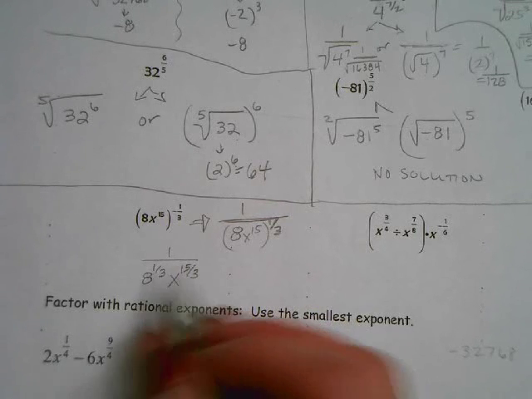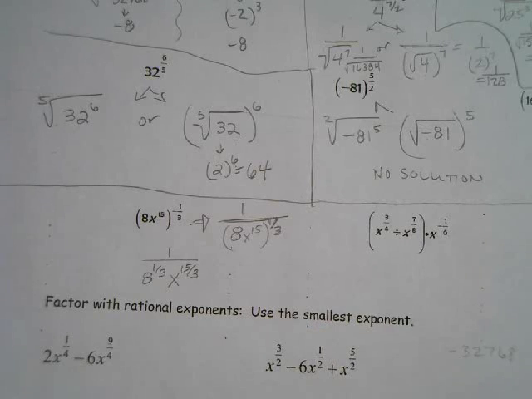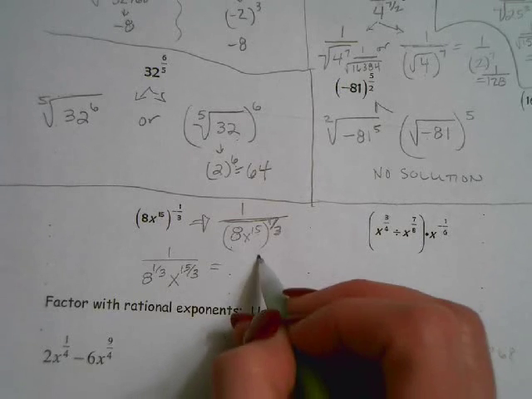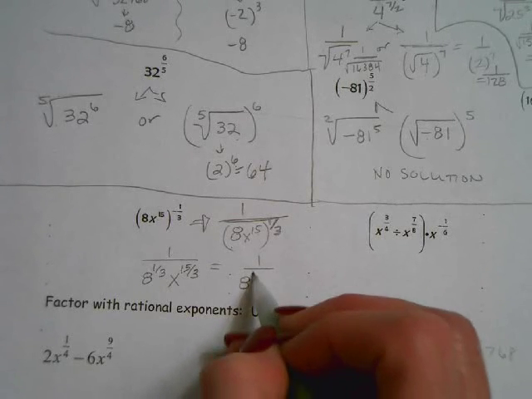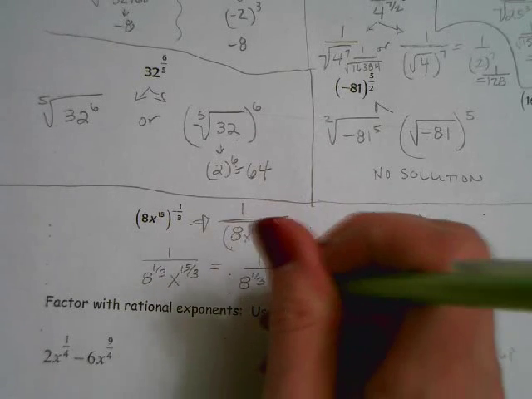I can then see if I can reduce anything. I can, at this point, reduce the 15 divided by 3. That can become 5. So I can actually write this as 1 over 8 to the 1/3, okay? And then x to the 5th.